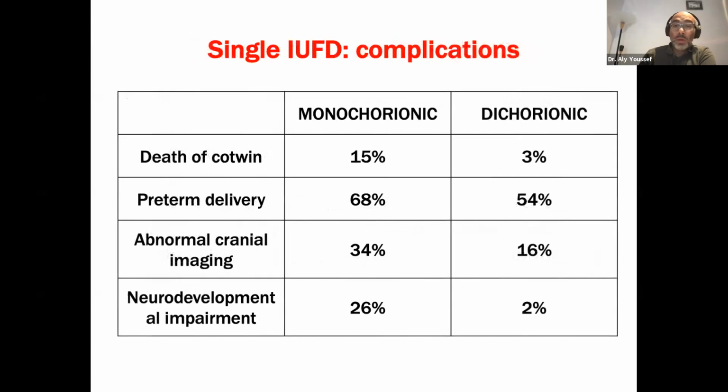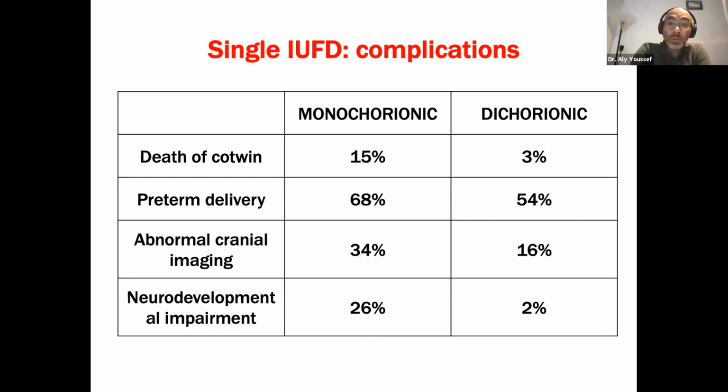And our fear is this kind of complication. So what happens if one of the 2 fetuses dies in utero? Well, there is a huge difference between the risk of complications in the case of monochorionic and dichorionic twins.